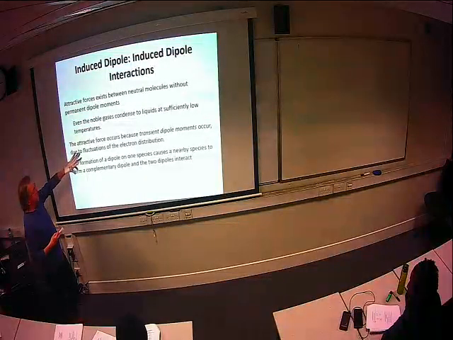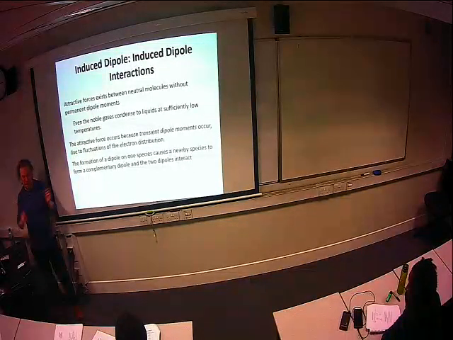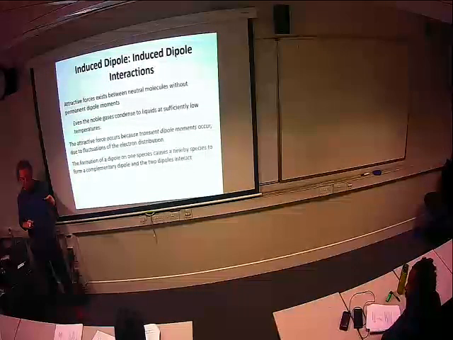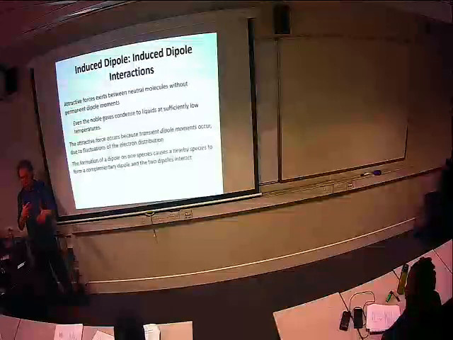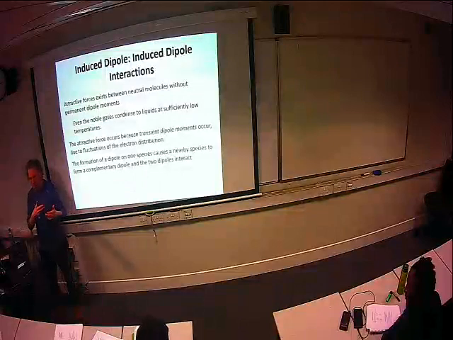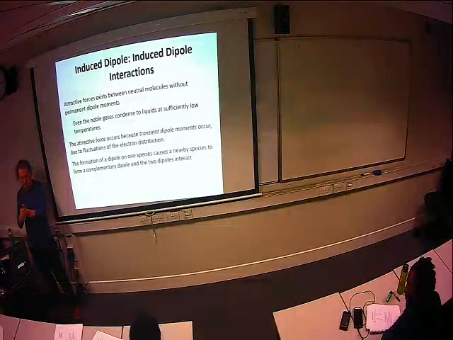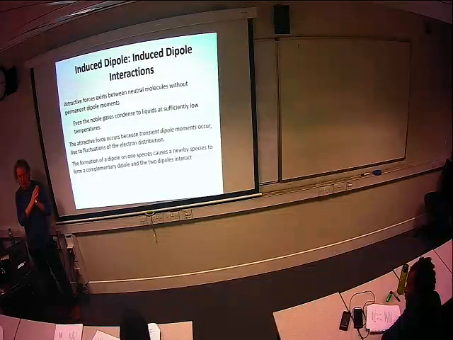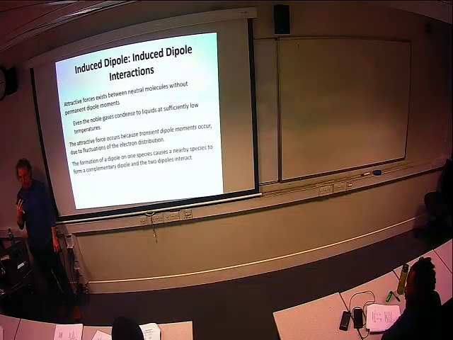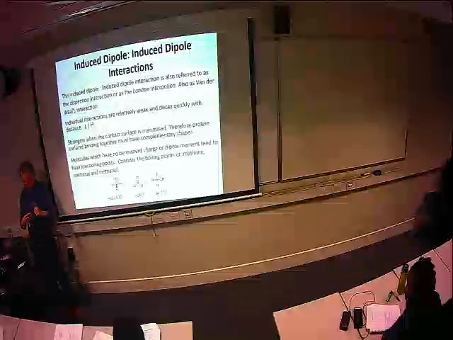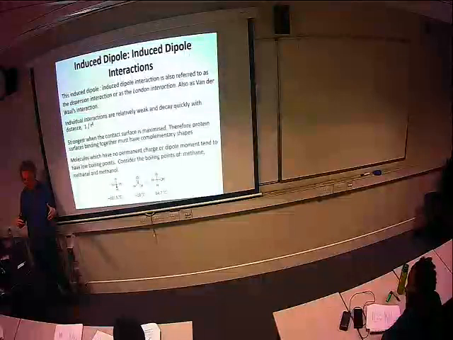And what is happening here is that atoms and molecules, even if they don't have these permanent distortions in the electron distribution, the electrons are not totally fixed. So there are constant fluctuations in exactly where the electrons are in a molecule or an atom. And you can get these very short-lived, transient charge separations, dipoles within a molecule, even if it's overall very non-polar.